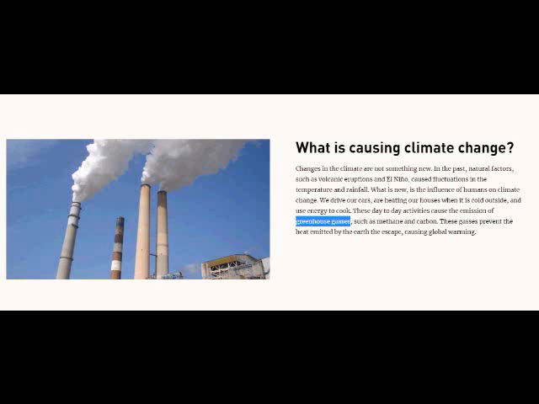Now they also don't mention, and I know why this is: first of all, if we can blame it on a human problem, we can tax it, but if it's a natural problem, then we can't tax it. So it's clearly all about taxes.